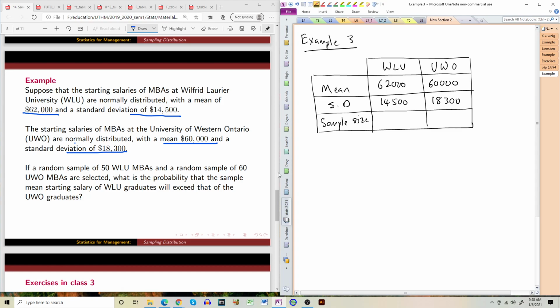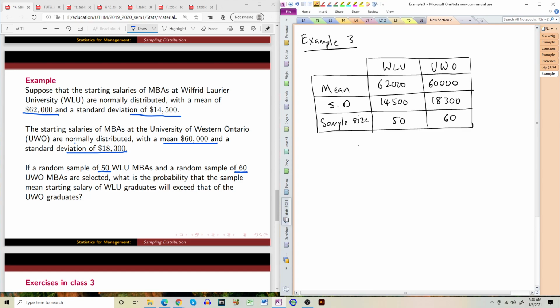If a random sample of 50 from WLU and a random sample of 60 from UWO are selected, what is the probability that the sample mean starting salary of WLU exceeds that of UWO? They have given you two groups with the mean, standard deviation and sample size.